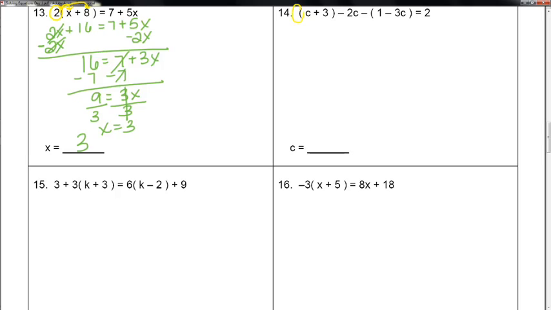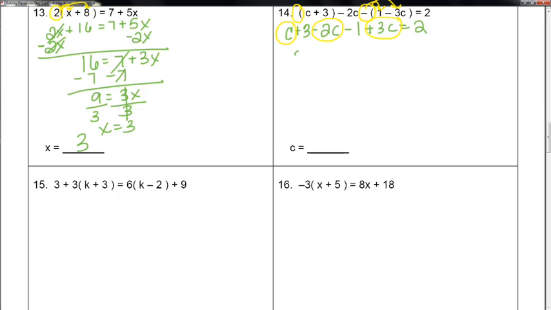Notice that I have no number here, so I can drop the parentheses. And notice that I have a negative that I need to distribute here. So I have c plus 3 minus 2c, and I'm going to distribute my negative, which gives me negative 1 and positive 3c is equal to 2. And I'm going to combine terms, meaning I have my c, negative 2c, and positive 3c.